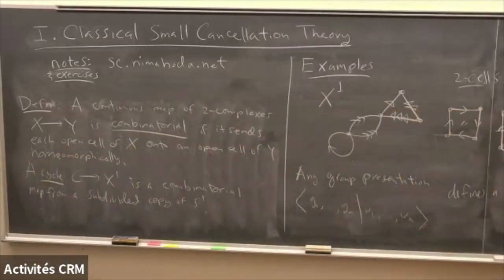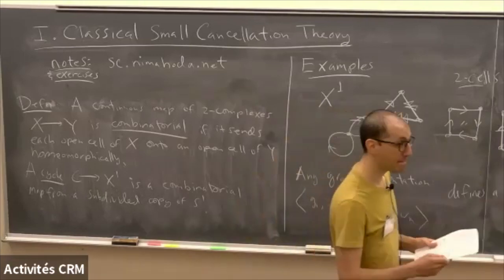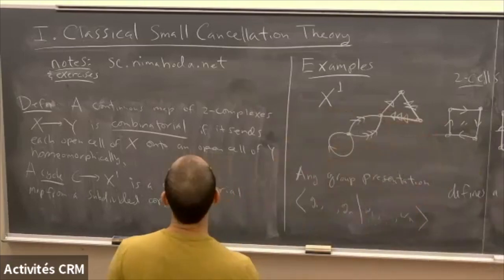So when you were talking about spurs, do they cause things to be singular? I mean, if you have a spur, you are singular. But you could be singular without having spurs. All I really said was that these are what spurs are: degree 1 vertices on the boundary. Here, X and Y are both two complexes.